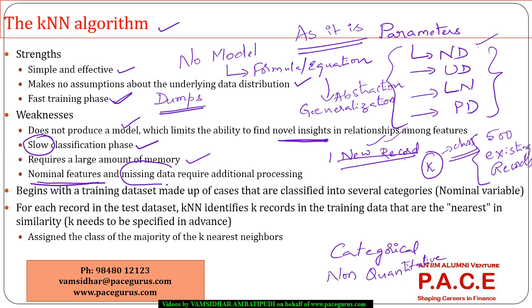And even if my data is having some missing values, even in that case it would be difficult to execute this algorithm. So I have to take utmost care while using this algorithm. I have to make sure that no feature is a nominal feature. I don't have any missing data. I have to clean the data for all these things before I get into the execution of the KNN algorithm.